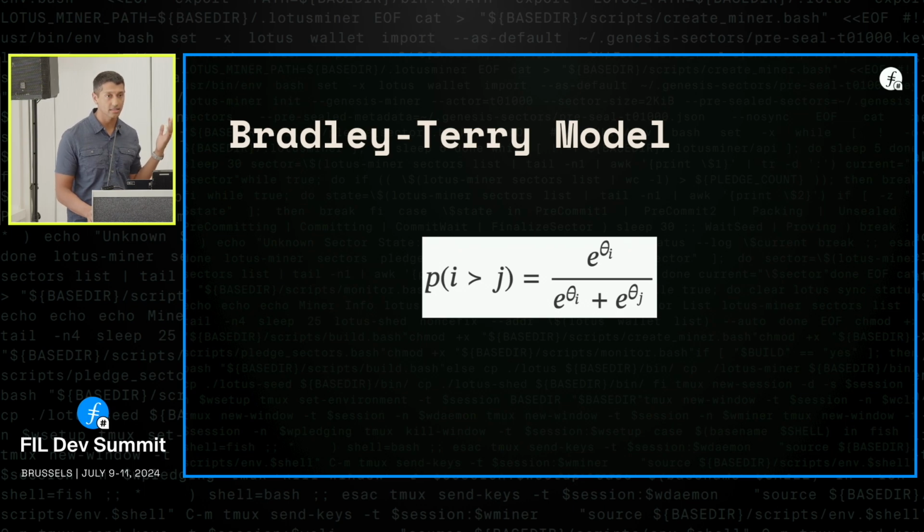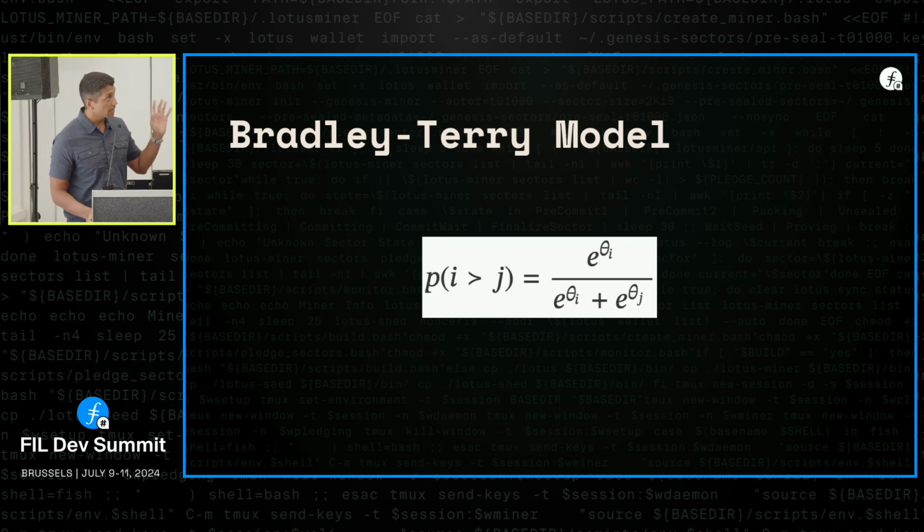This is one estimation algorithm of many. What we should really think about is we have a bunch of pairwise votes, and we're going to take that and create a global ranking. We can do that with models. One model is the Bradley-Terry model.